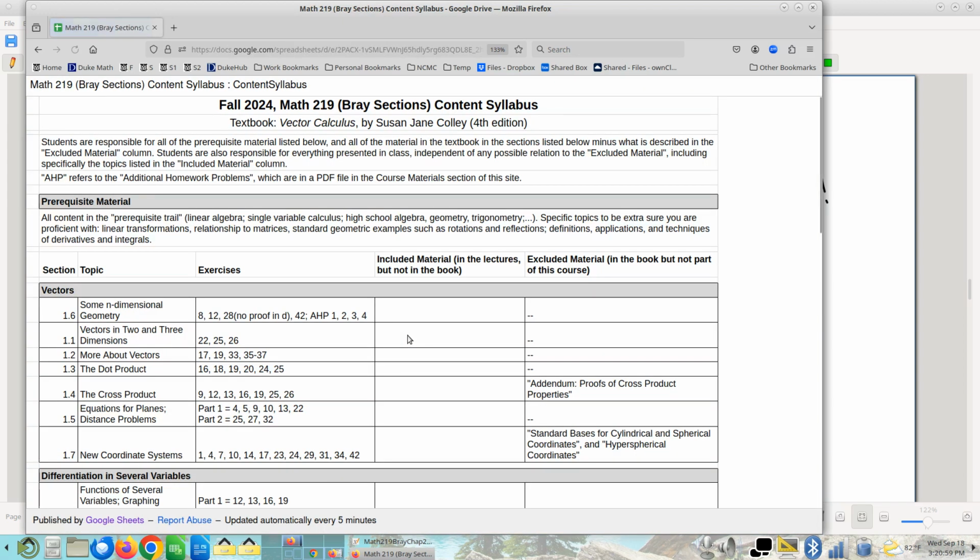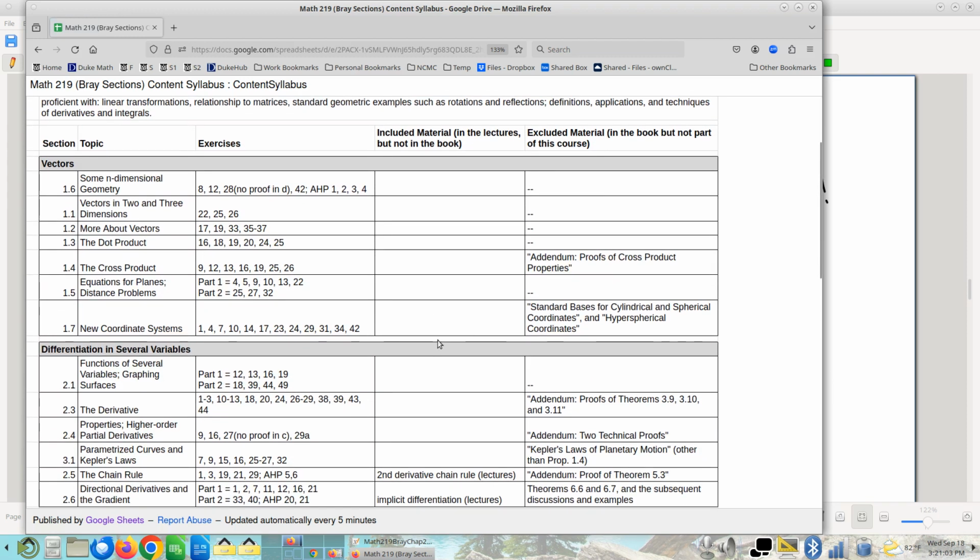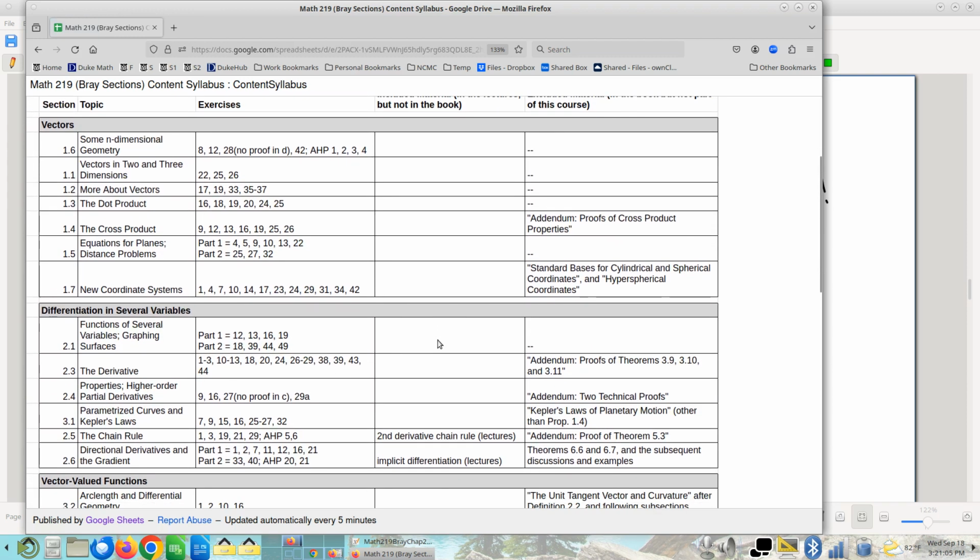It is, I believe, unless I did something dumb, identical to what we have on the course website, but again, just written in the more convenient order. So you'll notice it starts with 1.6, as we did. And you'll notice now, and we're going to get to this today, 3.1 is squeezed in between 2.4 and 2.5.